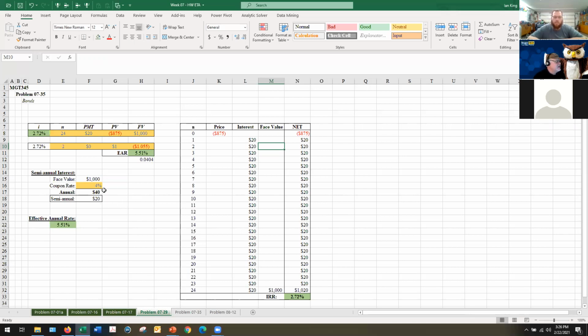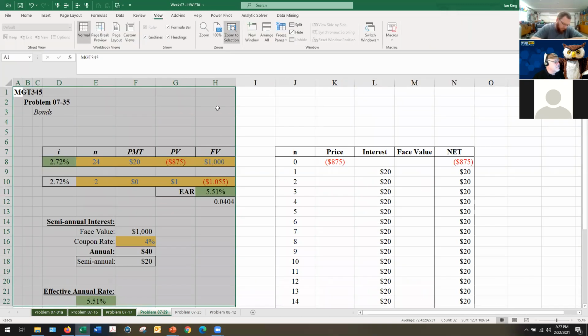So essentially you're given a face value of $1,000. Coupon rate is 4%, annual payments. So you're getting 4% of $1,000 every year. Let's zoom into this section so it's a little bigger for most people.